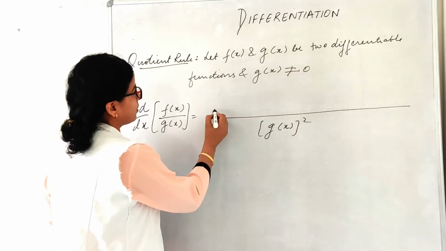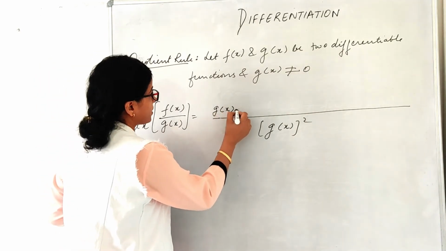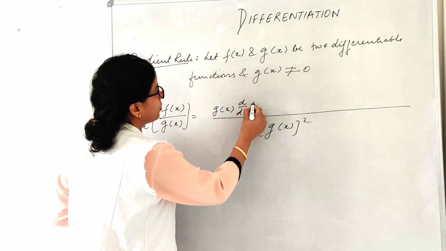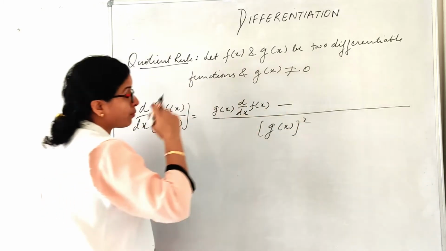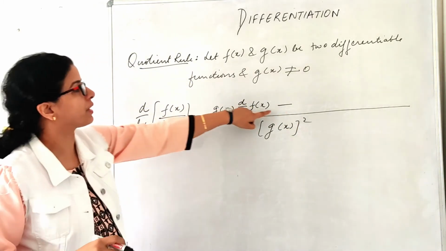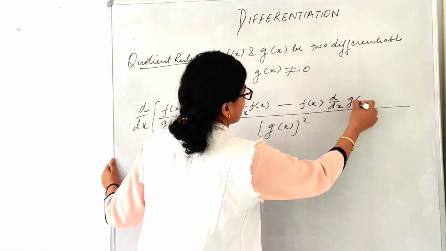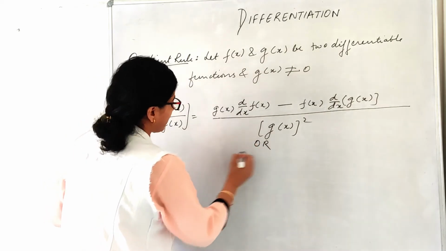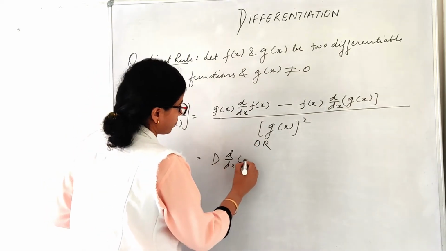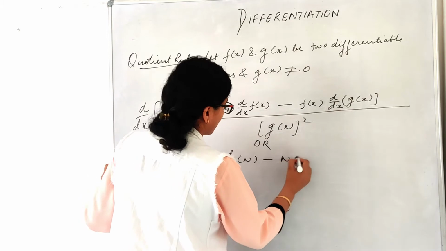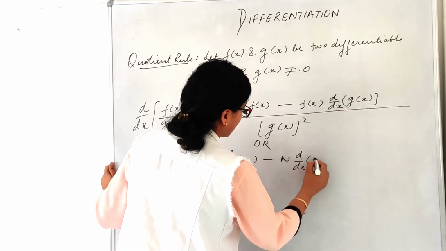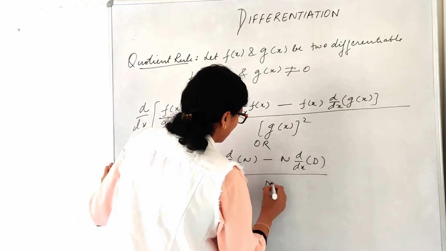Now here we will keep the denominator as it is and differential of the numerator minus. In my product rule there was plus, in quotient rule here it is minus f(x) d upon dx of g(x). In other words, how you can write? Denominator differential of the numerator minus numerator differential of the denominator upon denominator square.